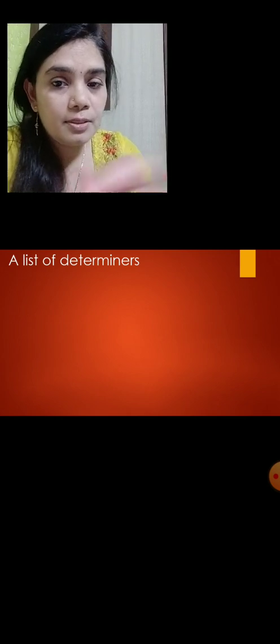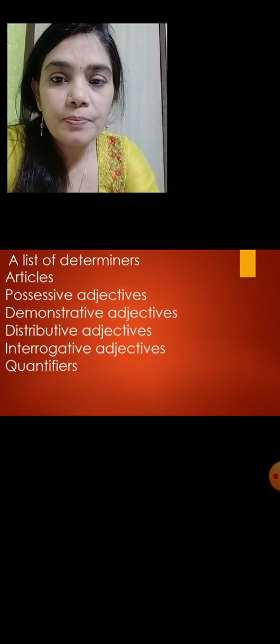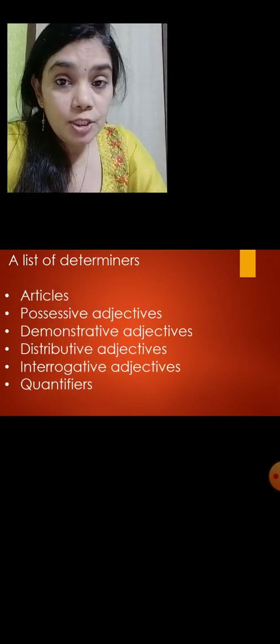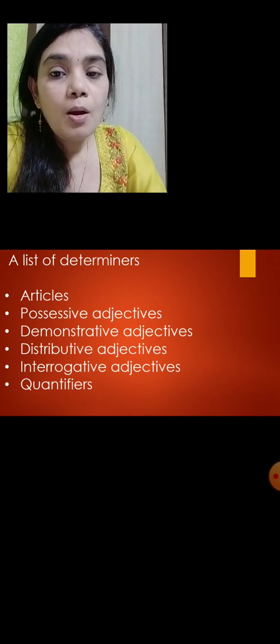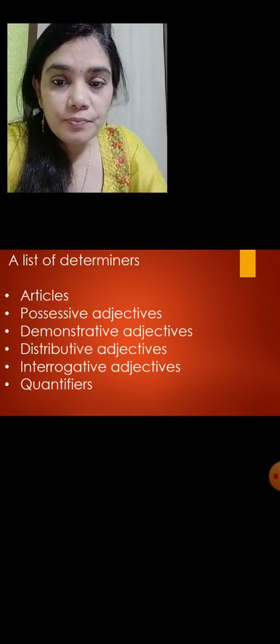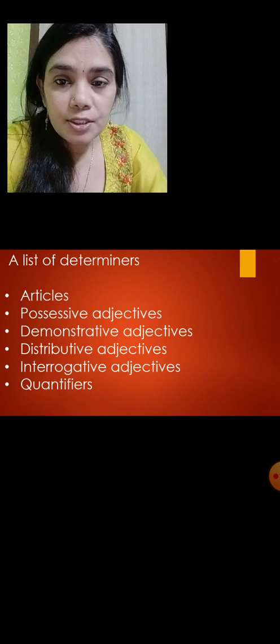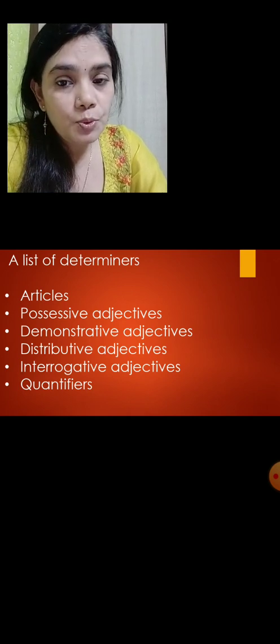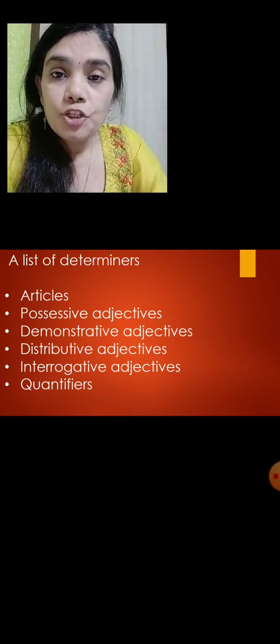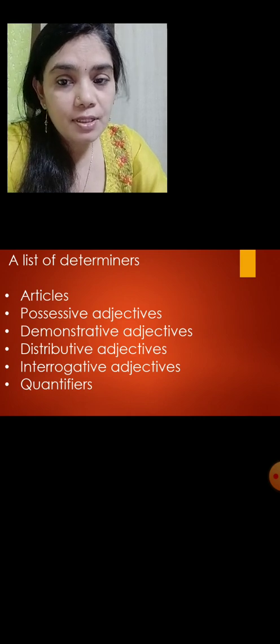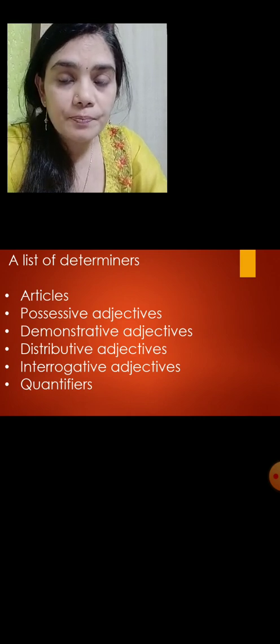We have a list of determiners. Number one is articles, then possessive adjectives, demonstrative adjectives, distributive adjectives, interrogative adjectives, and qualifiers.